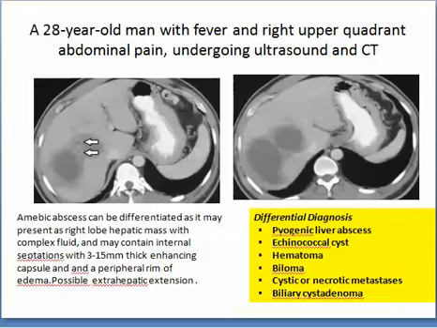Here in abscess, a 28-year-old man with fever and right upper abdominal pain, right lobe cystic changes with thick wall reaching from 3 to 15 millimeter due to edema, and there is an enhancing surrounding capsule, and a peripheral rim of edema, as we said.